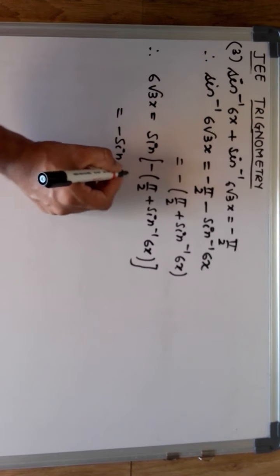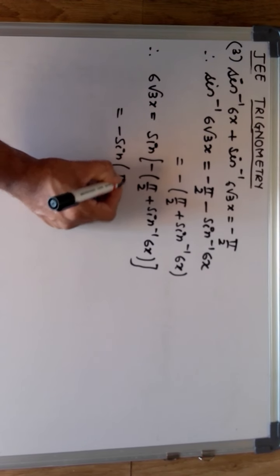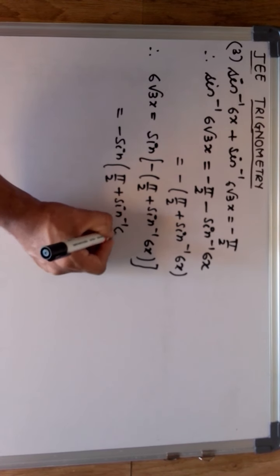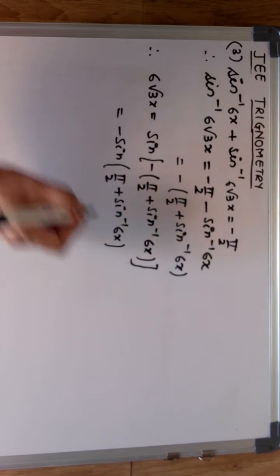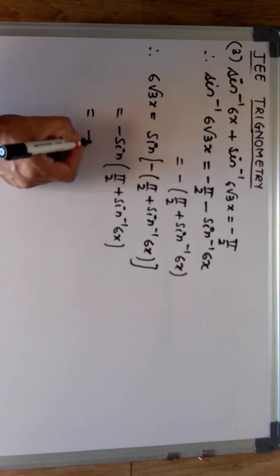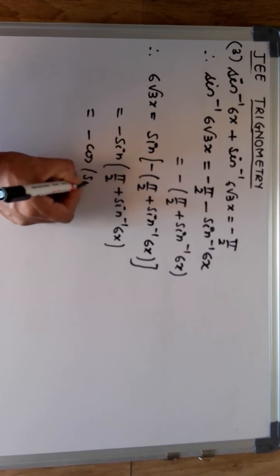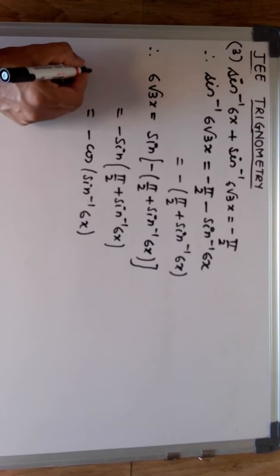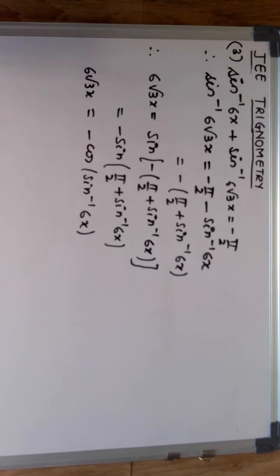So this will become minus sine of bracket pi by 2 plus some angle. Now sine of 90 plus comes in the second quadrant, so it changes, but the sign is minus already over here, so it will become minus cos of sine inverse 6x. This is your 6 root 3x value.